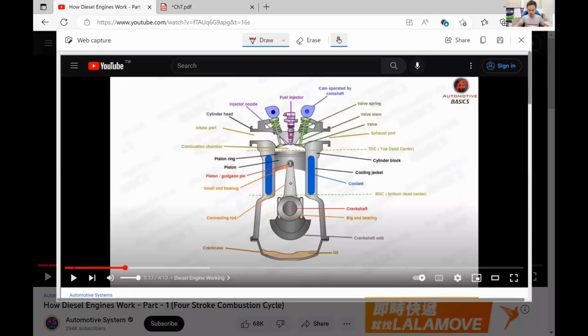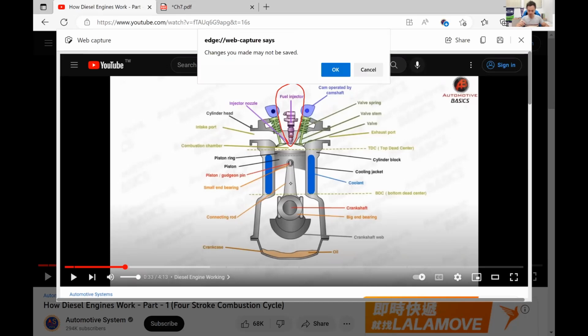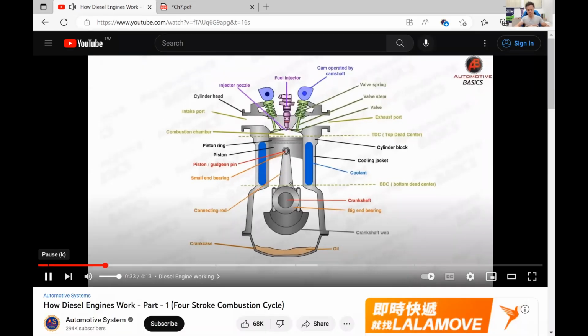The only difference is this. In an SI engine, this position is a spark plug. But in a CI engine, this place is the fuel injector. So this is the difference. Let's continue.